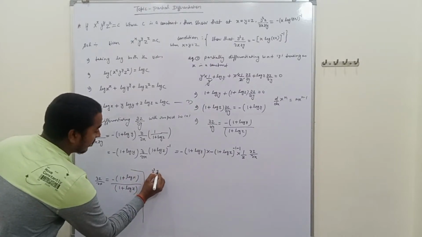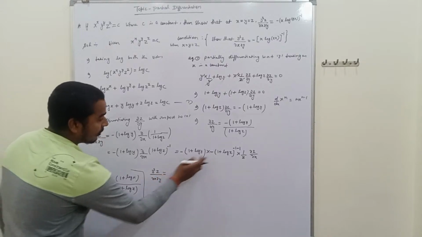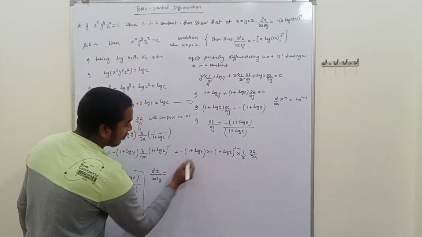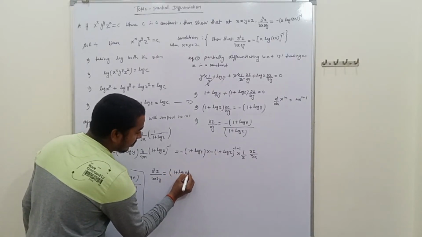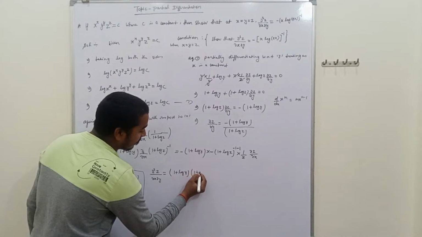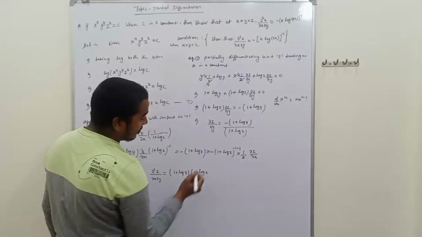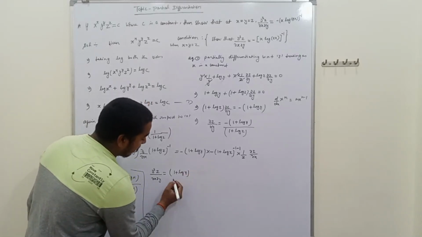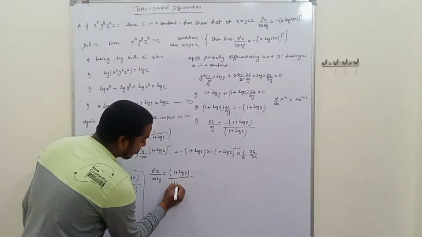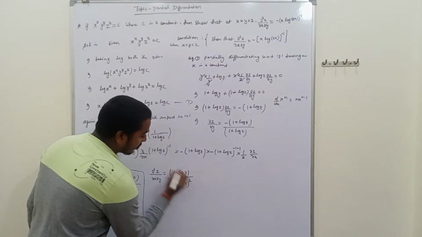del 2z upon del x del y is equal to minus minus is plus, that is 1 plus log y into 1 plus log z to the power minus 2, and taking it into the denominator, that is (1 plus log z) whole square.